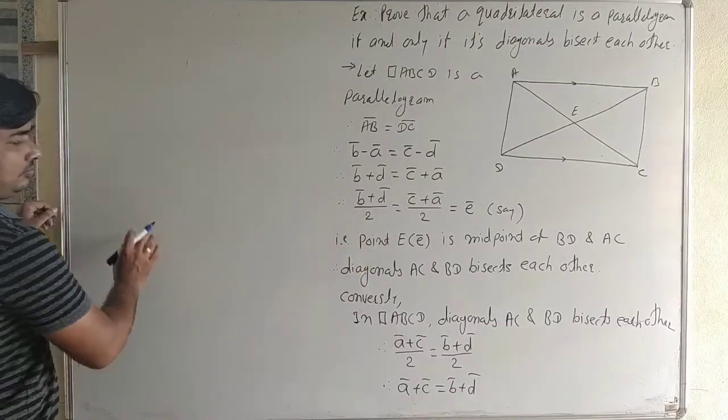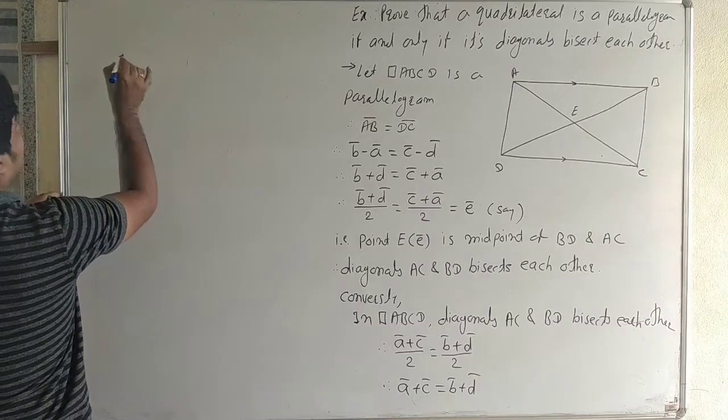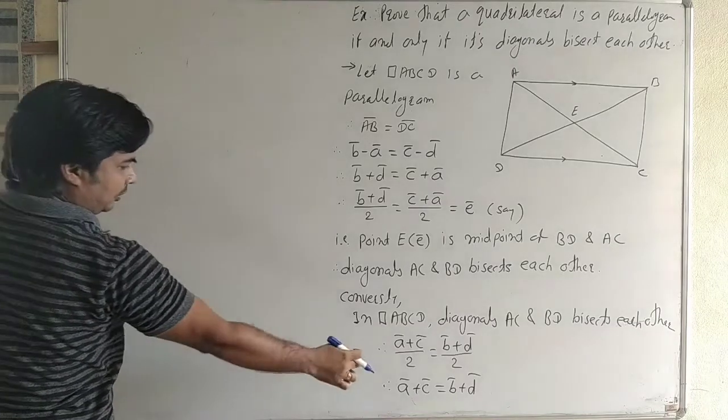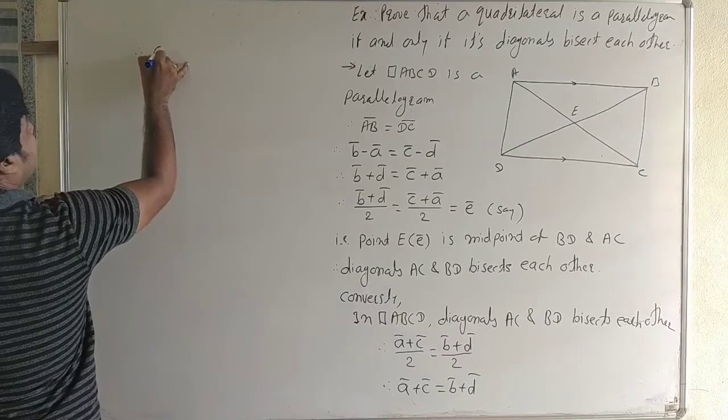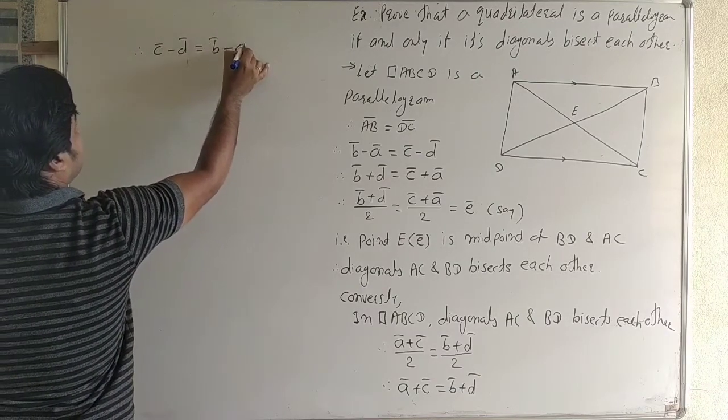Then we can write C bar minus D bar is equal to B bar minus A bar.